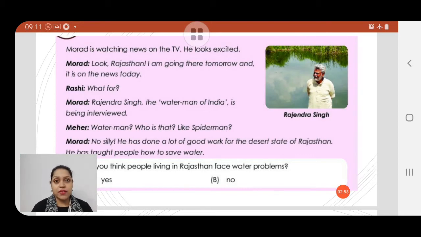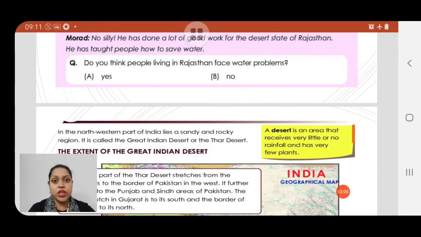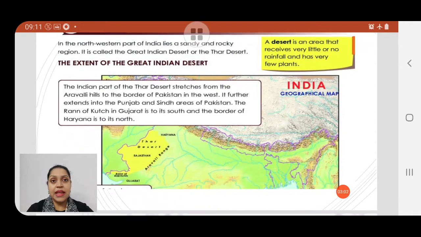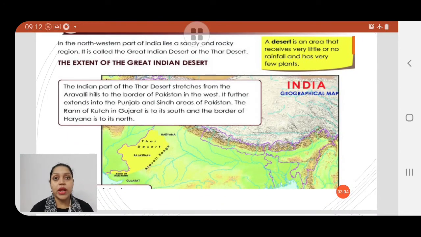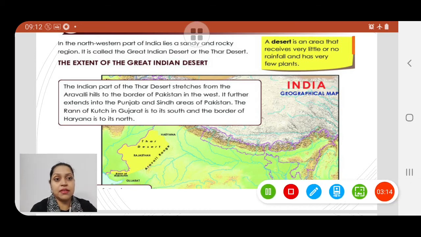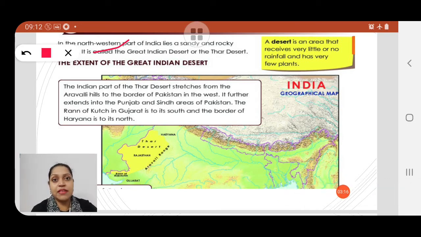Okay, so children, now let's move to the next topic, which is the extent of the Great Indian Desert. Before that, there are 2 more lines given there. In the northwestern part of India lies a sandy and rocky region.